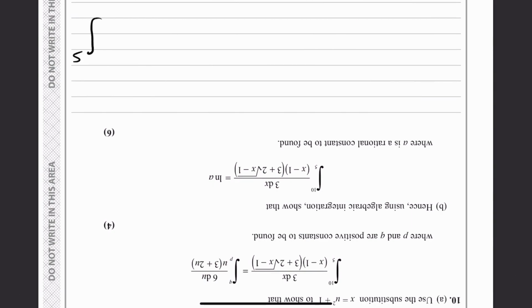So we've got the integral from 5 to 10 of 3 over (x minus 1)(3 plus 2 root x minus 1) dx. Okay.